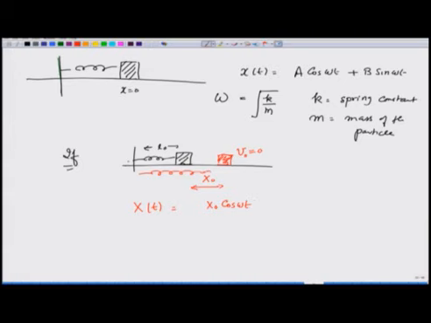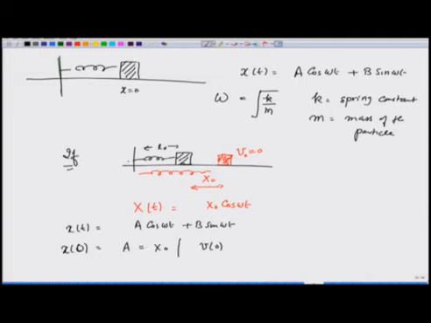Let me show it to you explicitly. So, I have x t equals a cosine of omega t plus b sine of omega t. X at 0 is going to be a, and that is given to be x 0.